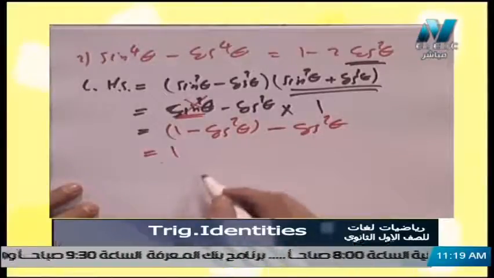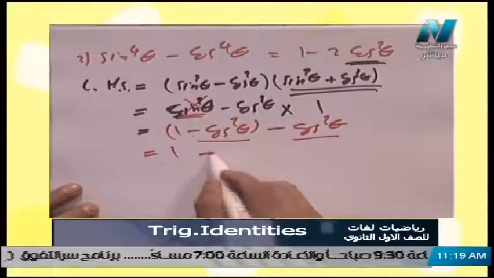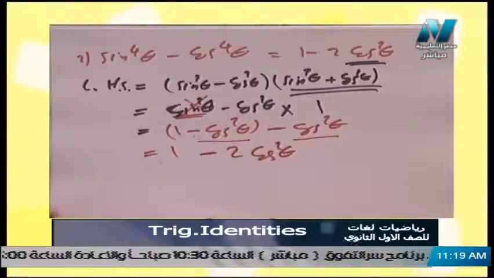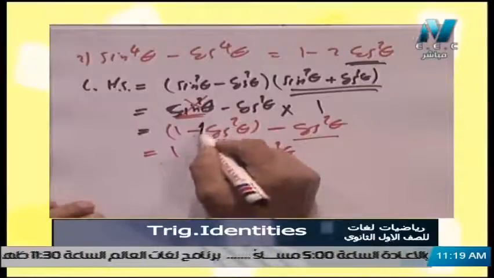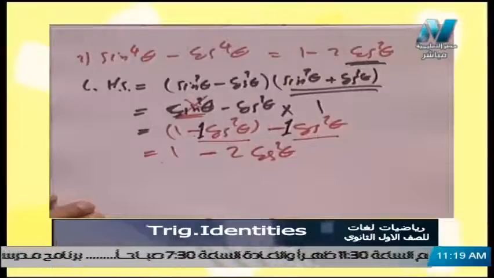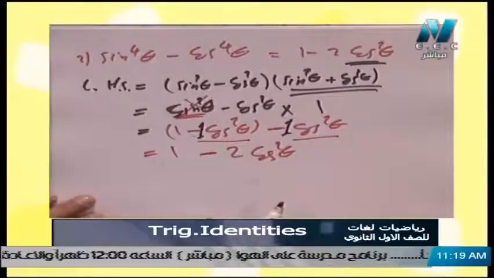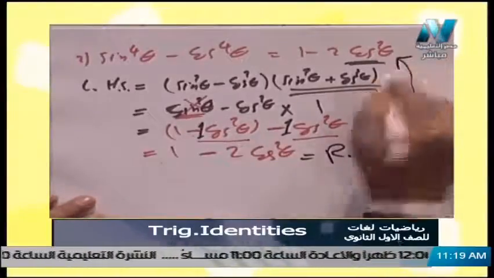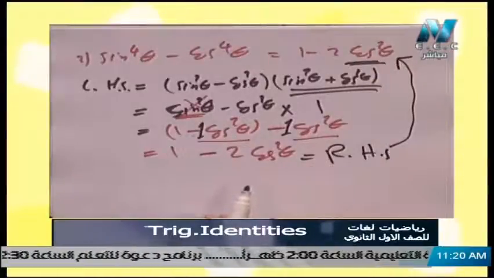So we have here 1 minus cosine and minus cosine, we can say minus 2 cosine power 2 theta. Do not forget, my dear students, that we have here negative 1 cosine power 2 theta and the other negative 1 cosine power 2 theta. By adding, it will be negative 2 cosine power 2 theta, and this is the right hand side itself here, and we succeeded to prove that the left hand side equals the right hand side.